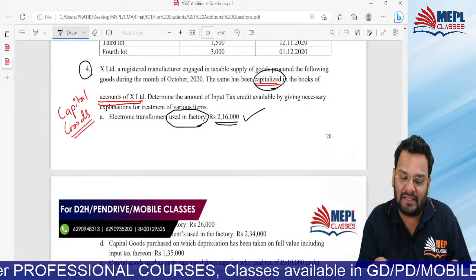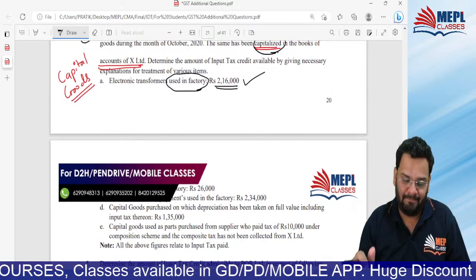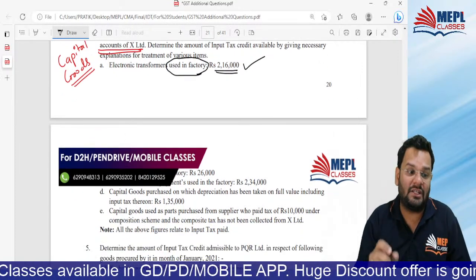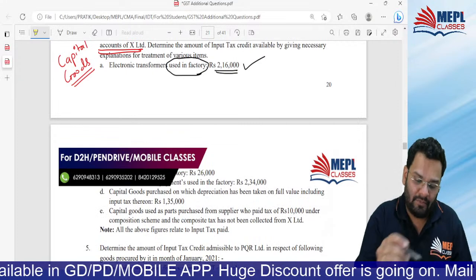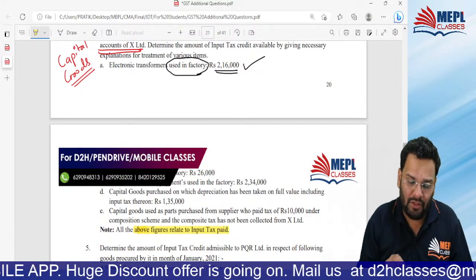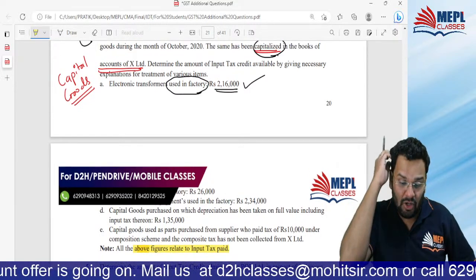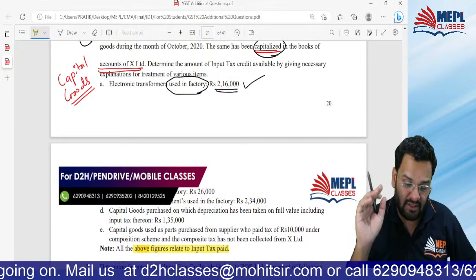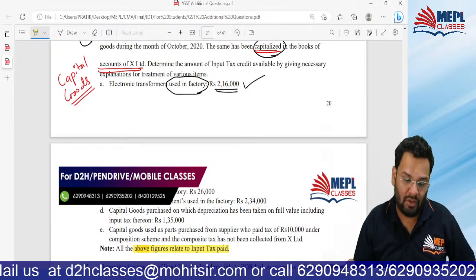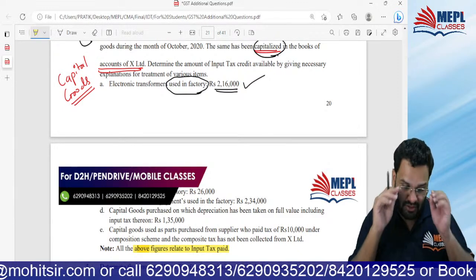So of course they are capital goods. Go ahead and claim ITC. Okay. And specifically they have given you that these given figures are of input tax. So yes, claim ITC of 2,16,000.